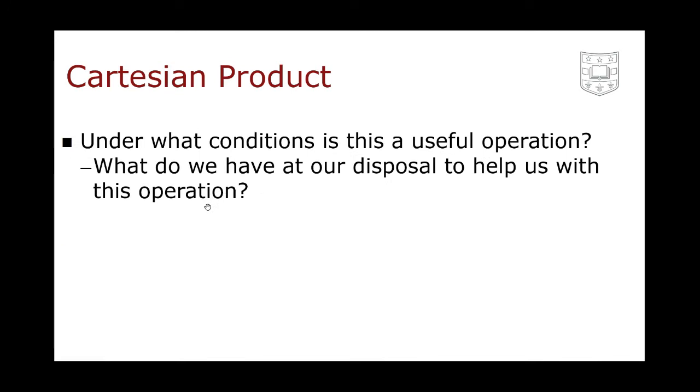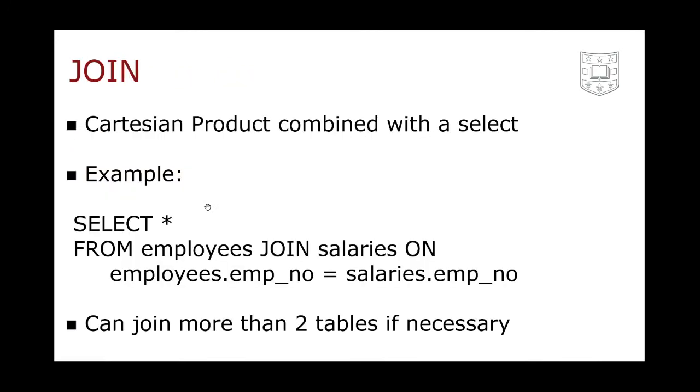Much more common operation, which is a join operation. A join operation is defined as a Cartesian product combined with a select. Now, I mean the relational algebra select, not the SQL select. So relational algebra select being a conditional, like a where clause. Some kind of a conditional. So here's an example of what a join looks like in SQL syntax. Select everything from employees, join salaries on, and then I specify an equality.